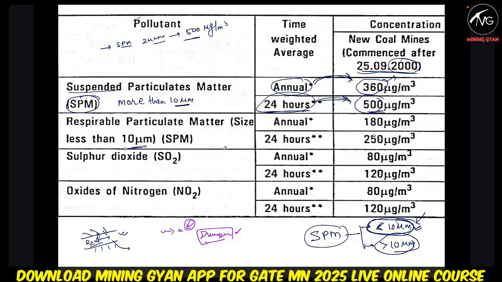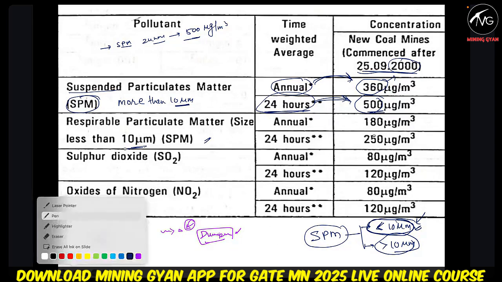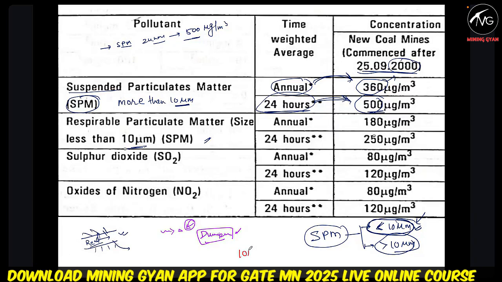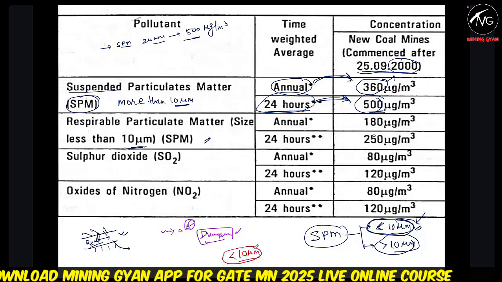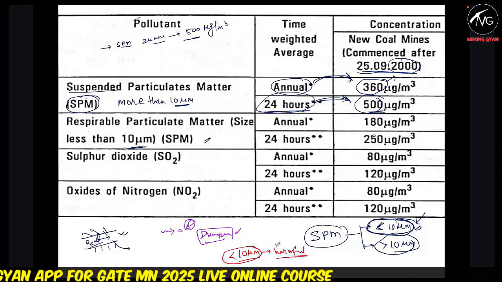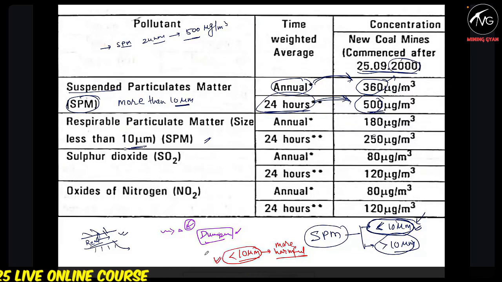And for SPM lesser than 10 micro annually, here is a trick you can apply, which I told you: lesser than 10 micrometer is more harmful, so their concentration should be less.